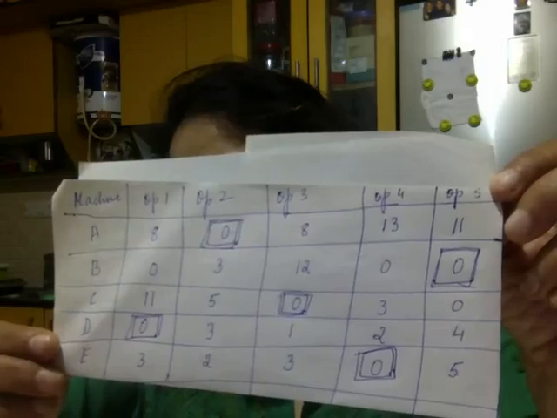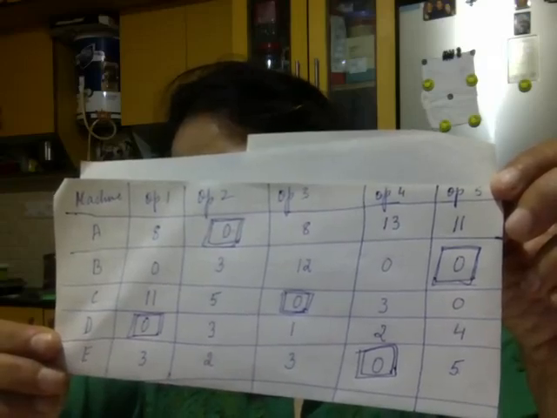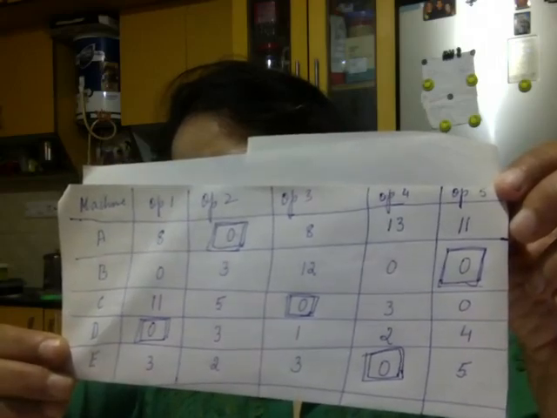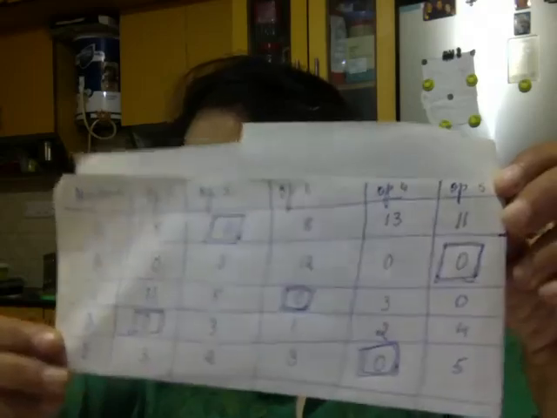C gets 3. D gets 1. E gets 4. Now you go into the original table and see what the minutes are. You should do that yourselves and you should get 22 minutes.